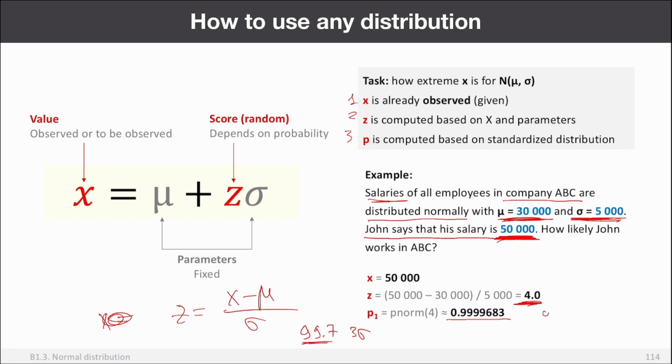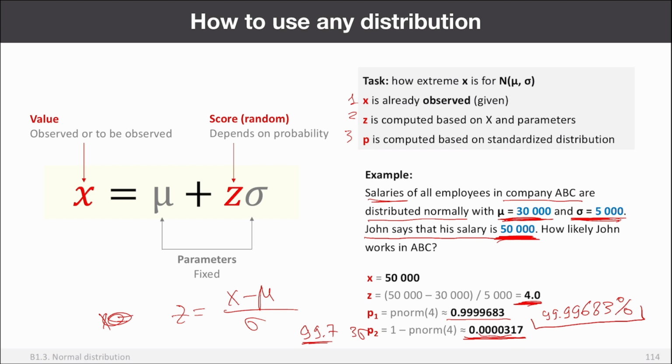It means that 99.99683% of all employees in the company have a salary smaller than John. Or you can compute the other tail probability, the right tail probability. This is the chance to find a person in this company who has a salary larger than John's salary. And you can see it's almost zero. It's very unlikely that there is anyone in this company who actually has a salary larger than John's.